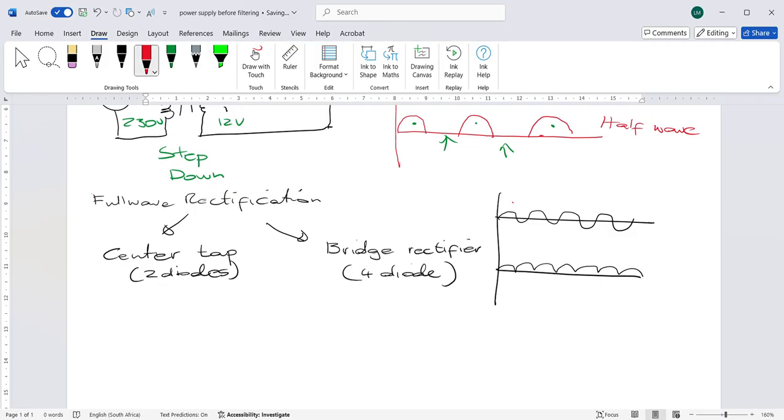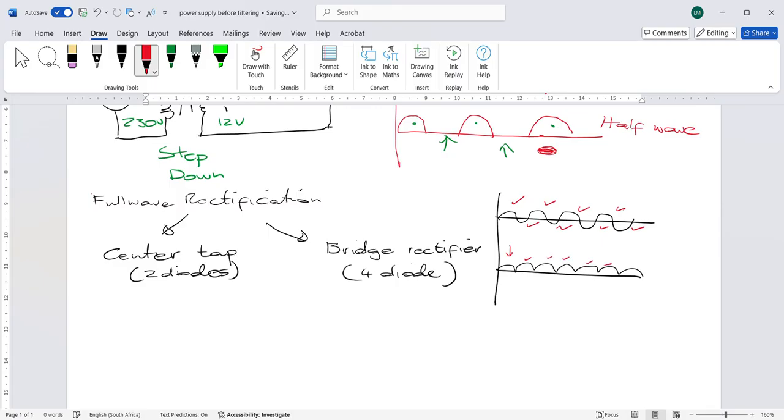The diode will be on for positive, negative, positive, negative, positive, negative. That's why here at the bottom, all of the positives and negatives are represented, compared to the one at the top, where only positives are represented. The one at the bottom has positive, negative, positive, negative, positive, negative.